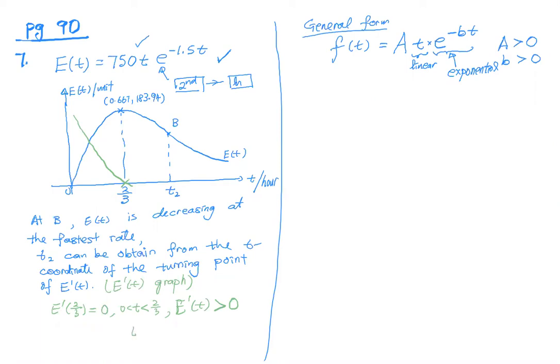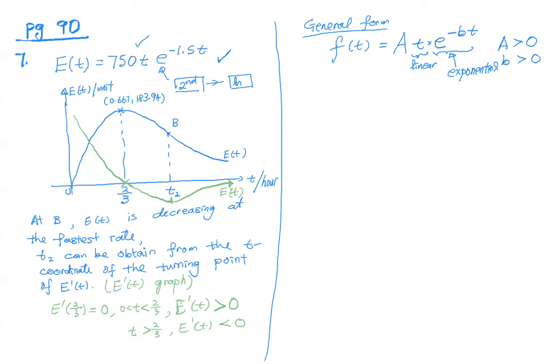Then for T greater than 2/3, E prime T will be less than 0, because ET is going down. So the graph will go like that, until this point, where it goes down at the fastest rate. That's why it is most negative. After that, it is decreasing with decreasing rate. So this will be my E prime T graph.